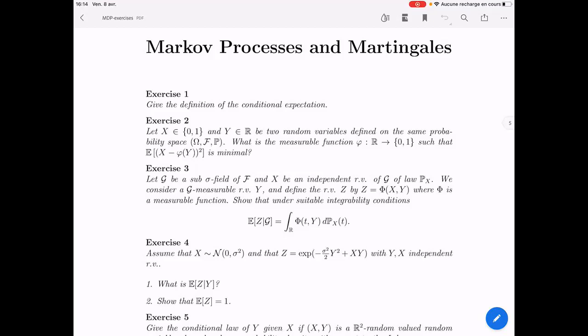And we have Y, some other random variable, but with values in R, so not a priori with values in 0 and 1. I'm asking: what is the best function phi, with values in the set {0, 1}, so taking only two values, such that the quadratic distance between X and phi of Y is minimal?